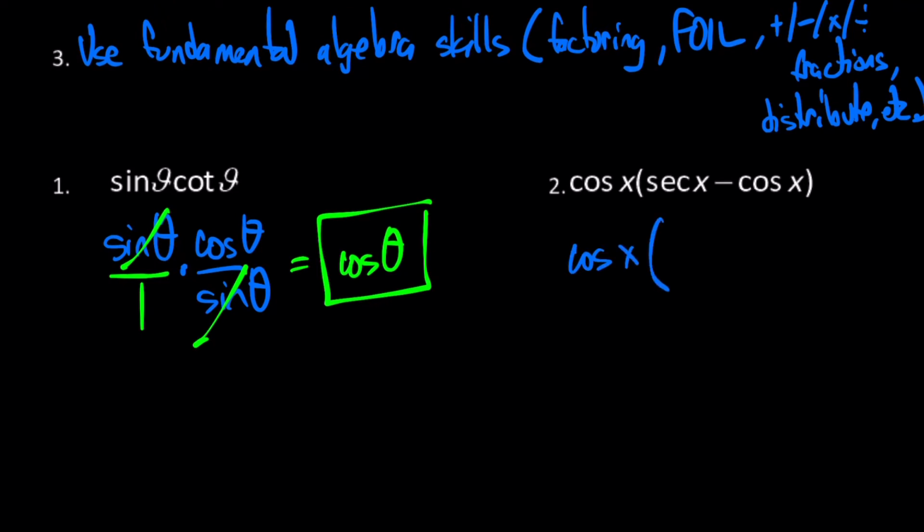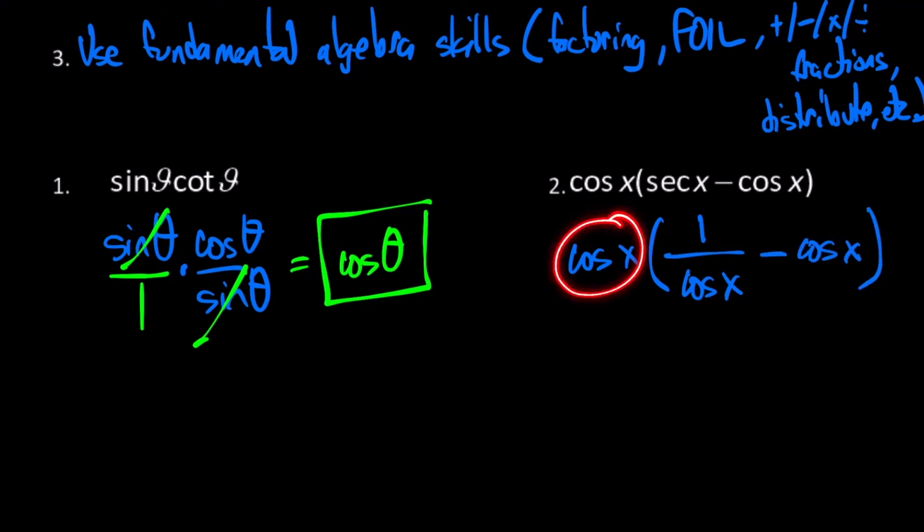So I will replace secant with 1 over cosine x. And then I have minus cosine x. Okay, well now I need to distribute. So I'll multiply cosine x times 1 over cosine x. Well, I'm going to write it out here because it's notes, but I think you can see what's going to happen. This stuff will cancel and it just gives you a 1. But because we're distributing, I'll write it out first.